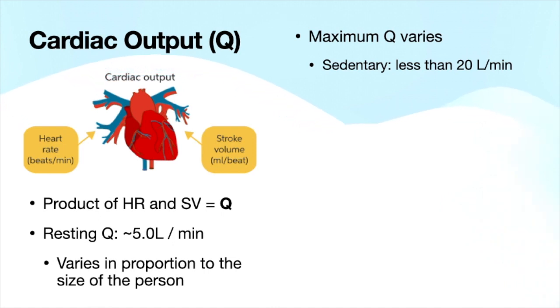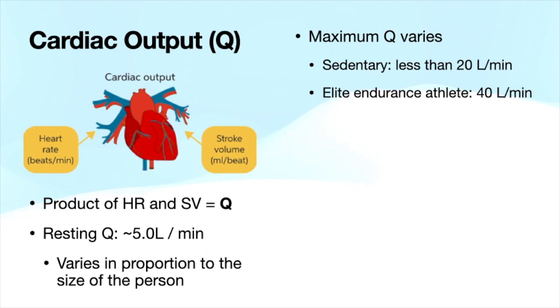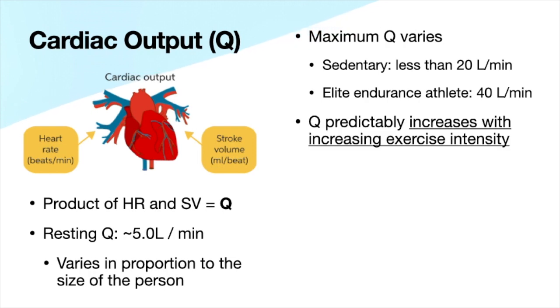If you're a sedentary person of average size, you can produce at maximum less than 20 liters of blood per minute. But if you're aerobically trained, you can produce 40 liters of blood per minute. So generally, cardiac output predictably increases with increasing exercise intensity.